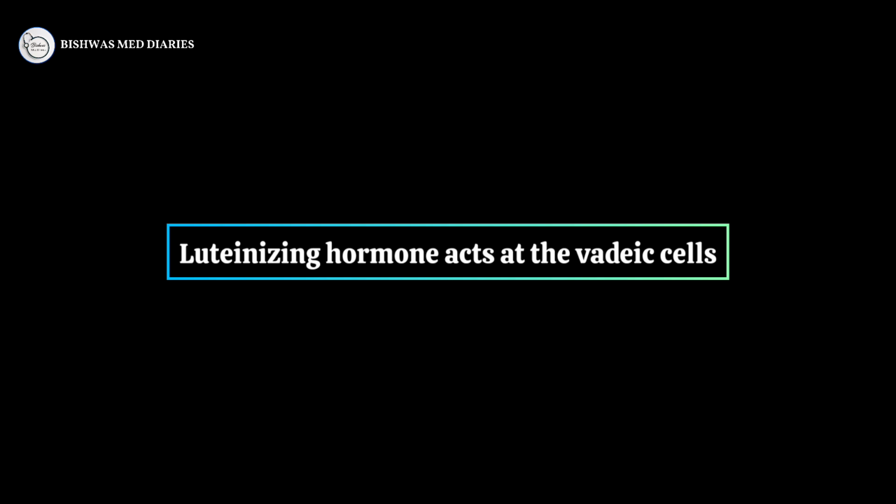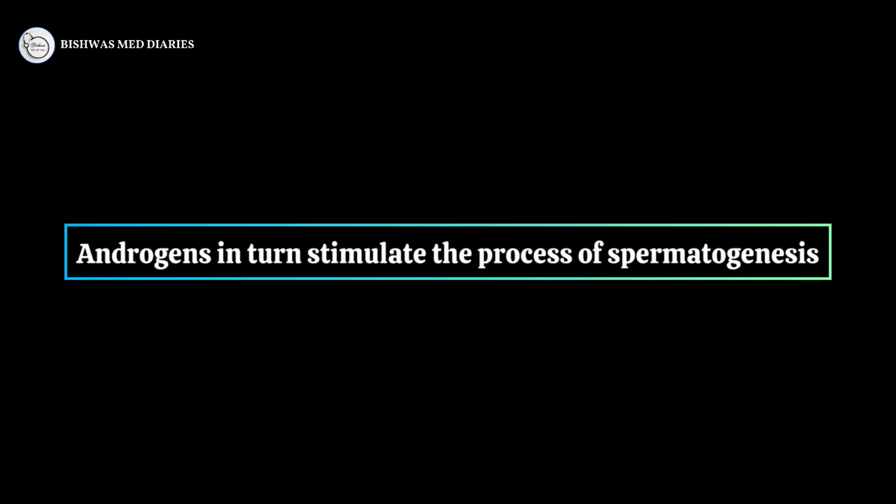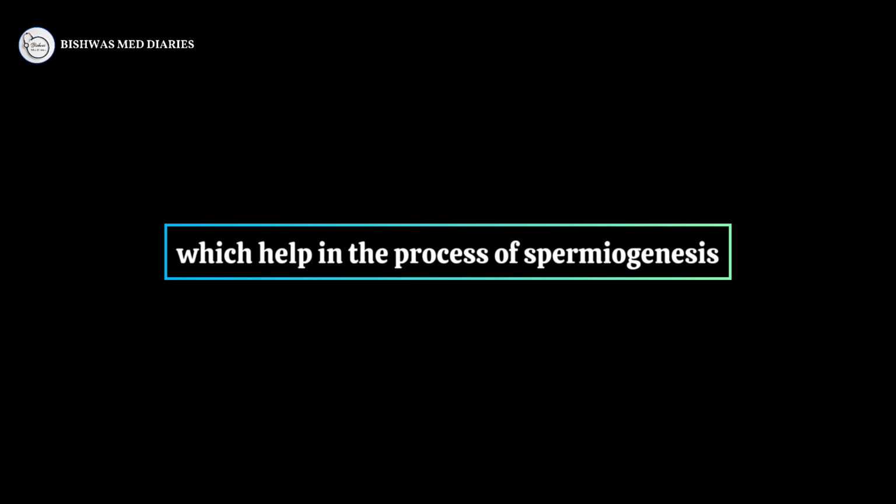Luteinizing hormone acts at the Leydig cells and stimulates synthesis and secretion of androgens. Androgens in turn stimulate the process of spermatogenesis. Follicle stimulating hormone acts on the Sertoli cells and stimulates secretion of some factors which help in the process of spermiogenesis.